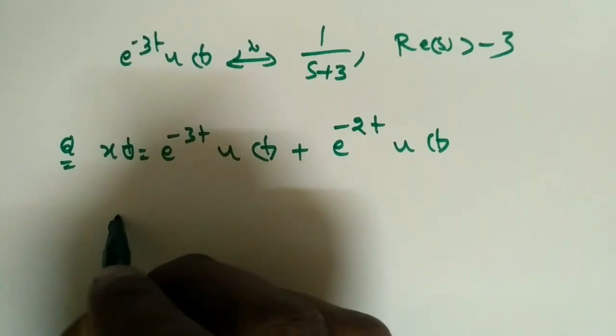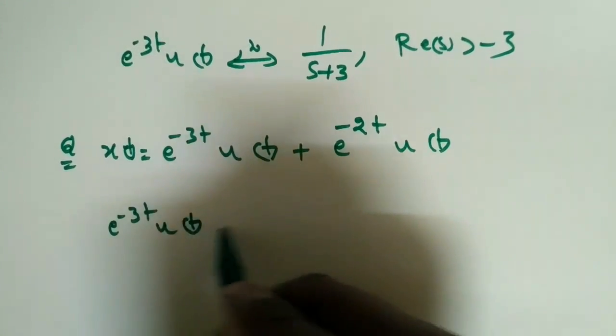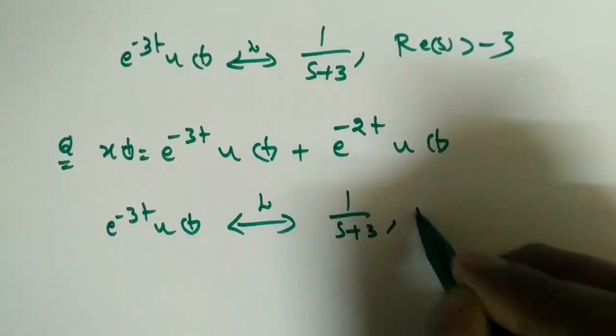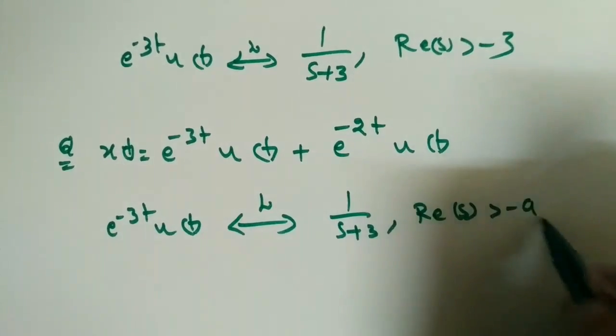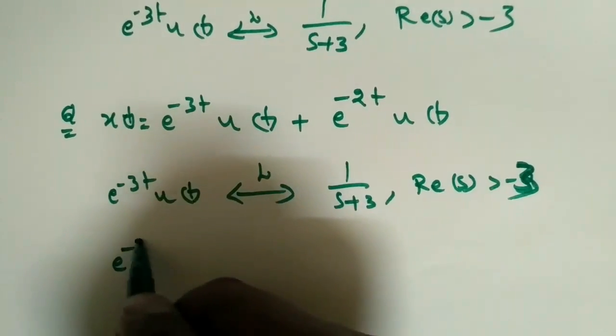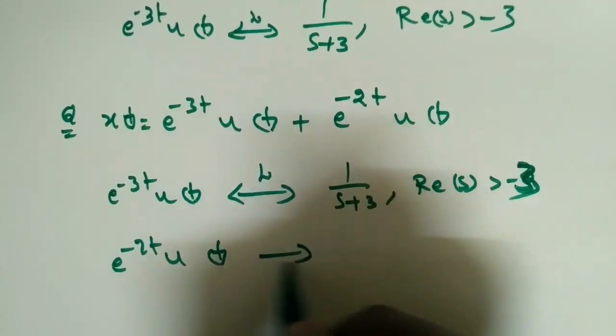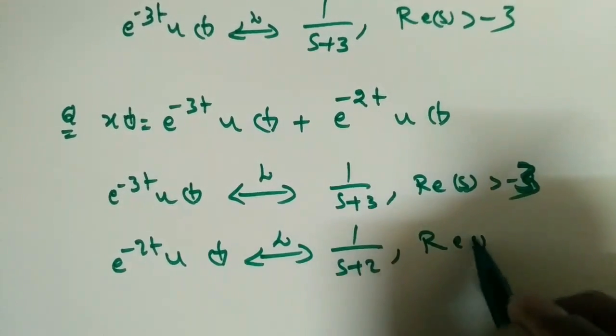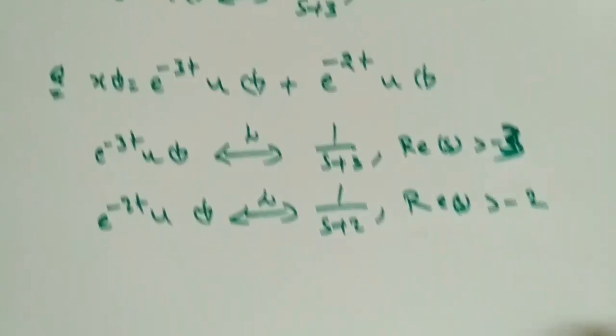For e power minus 3t u of t, the Laplace transform is 1 by s plus 3, with region of convergence real of s greater than minus 3. Similarly, for e power minus 2t u of t, the Laplace transform is 1 by s plus 2. Here real of s is greater than minus 2.